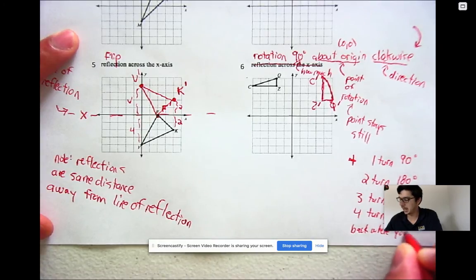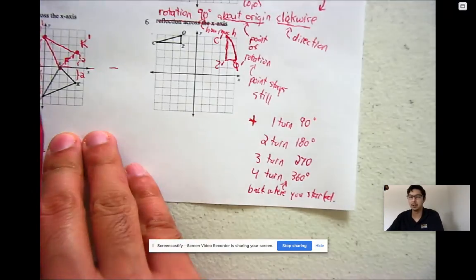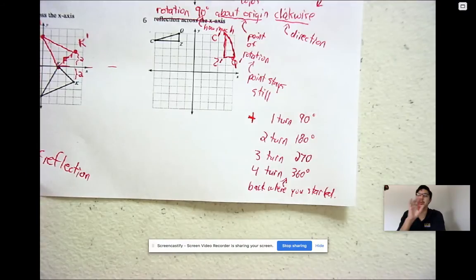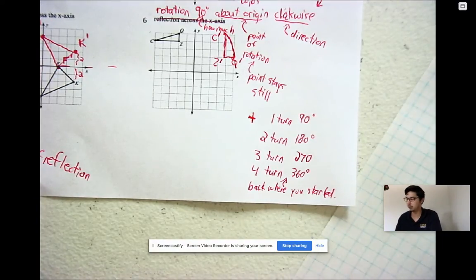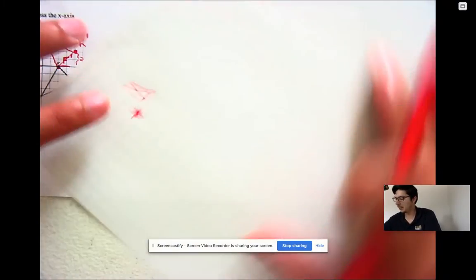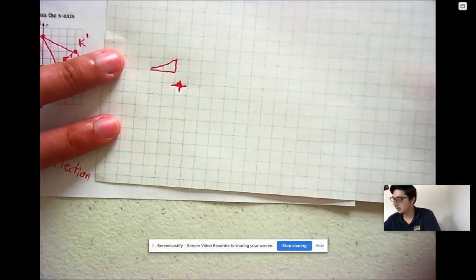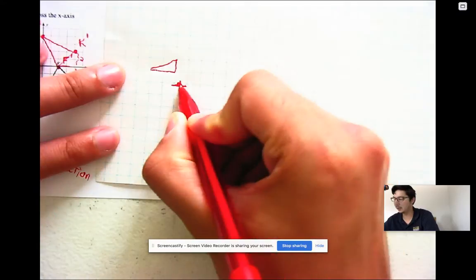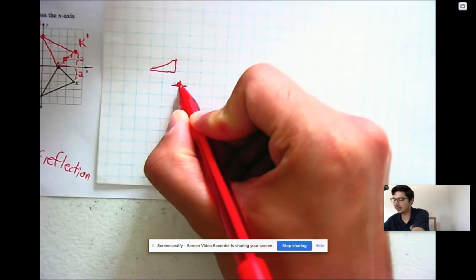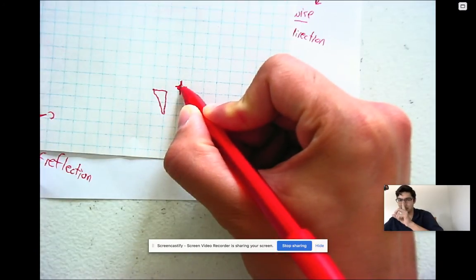And if you imagine basketball or any sport and they say I did a 360, at 360, let me show my paper, you do a full rotation, you're back where you started. What I mean by that, because I know for in person you might be asking, is say the original triangle was here, and if I turn it once, where the plus sign is facing forward again, that's 90 degrees, one turn.